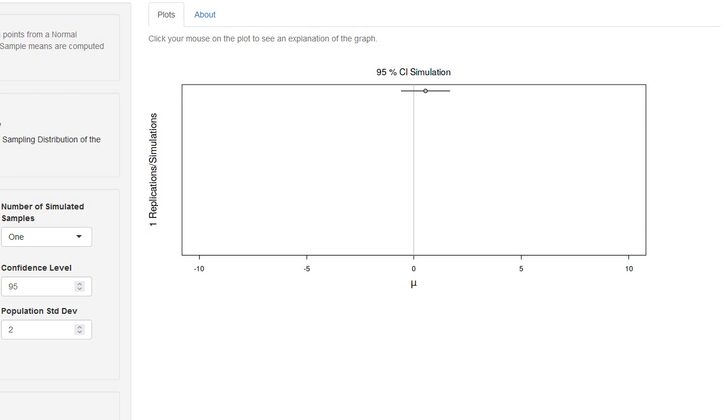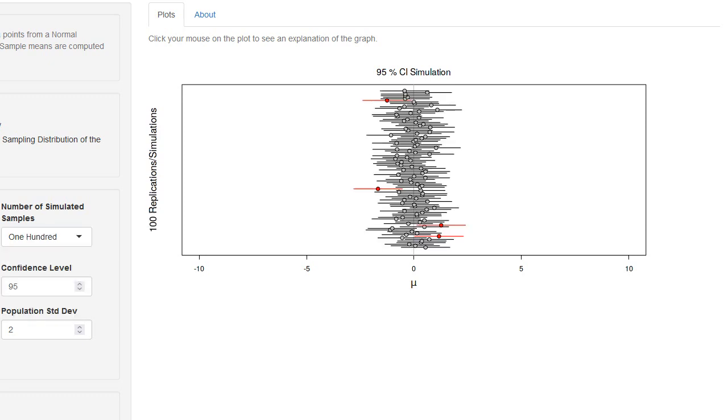If we select 100 samples and generate 100 confidence intervals here, then we can see the red ones. Those are the ones where the whole interval does not contain the population parameter. Out of 100 intervals here, we can see 1, 2, 3, 4.